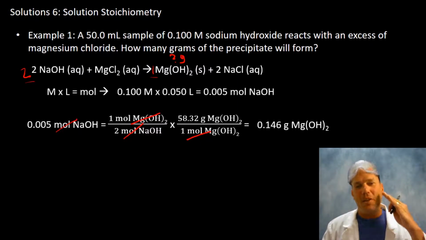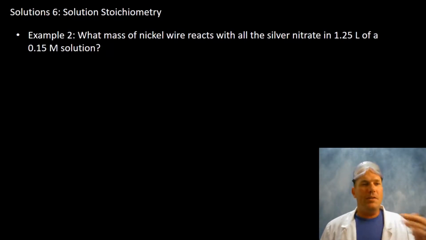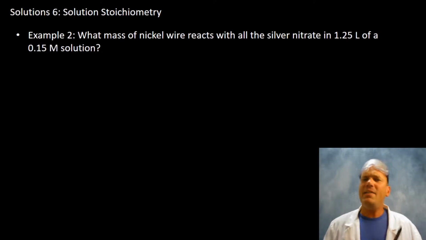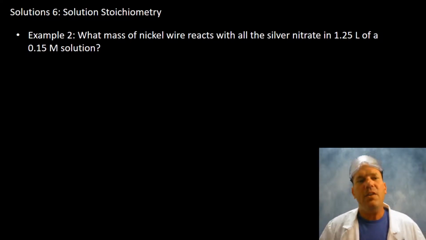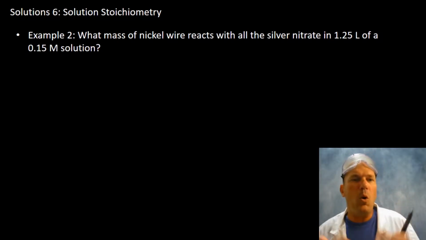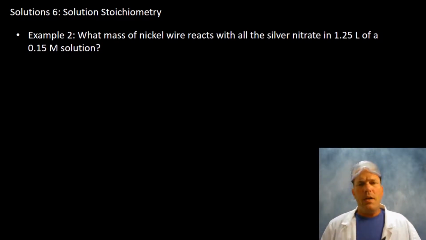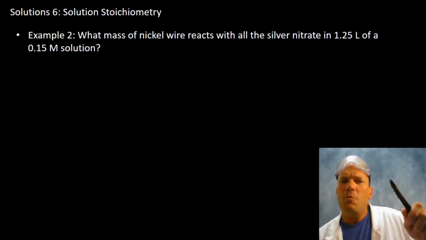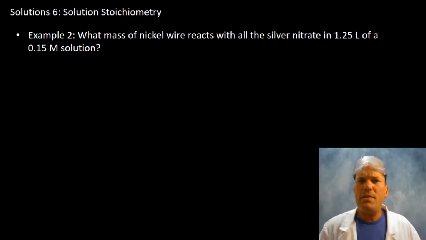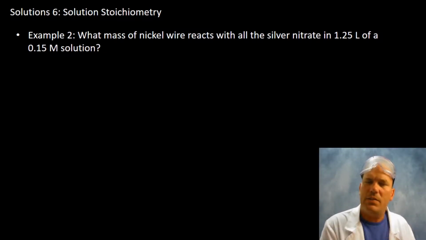All right, so moving on to the next one here, example 2. What mass of nickel wire reacts with all the silver nitrate in a 1.25 liter solution of concentration 0.15 molar? All right, so this one, we're being asked a question about the reactants, okay?